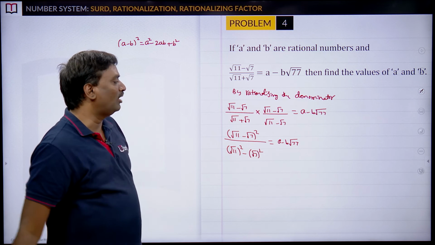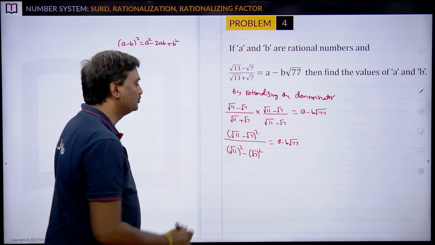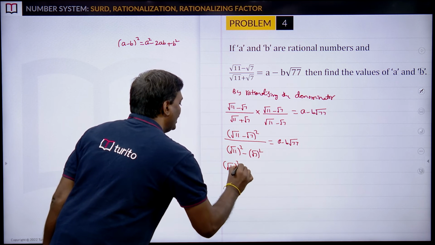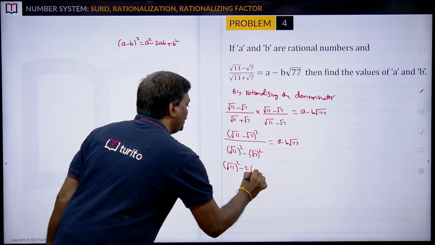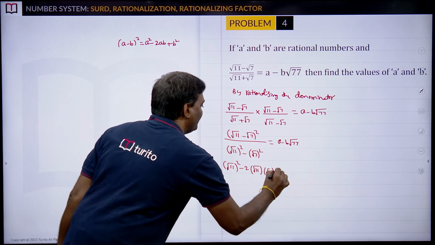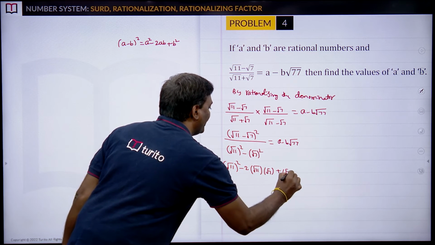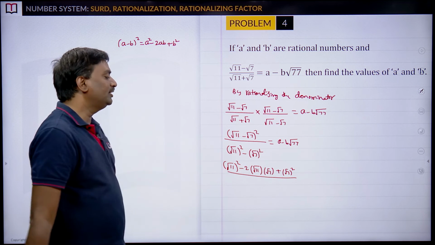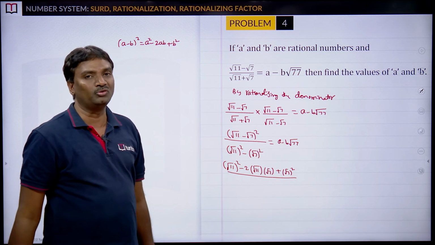So, by using that formula: root 11 whole square minus 2 into root 11 into root 7 plus root 7 whole square, by denominator root 11 whole square minus root 7 whole square.